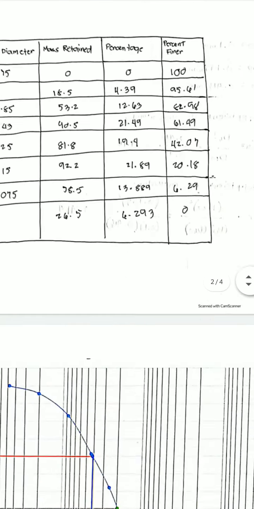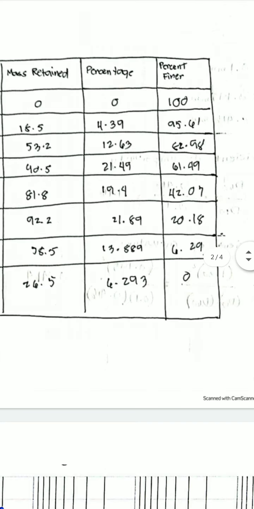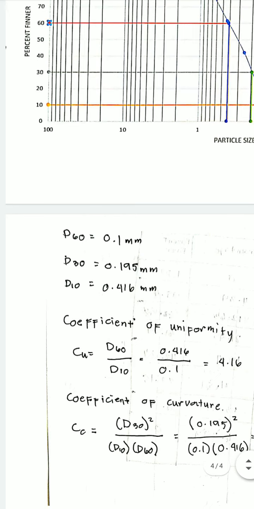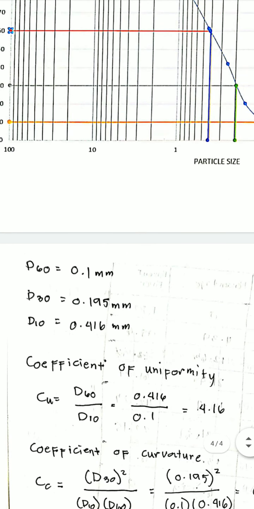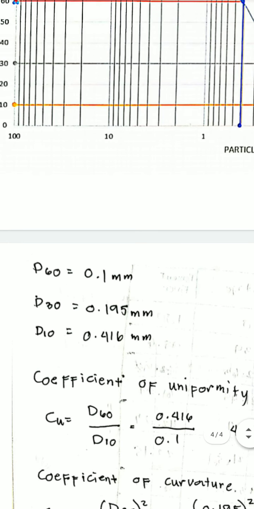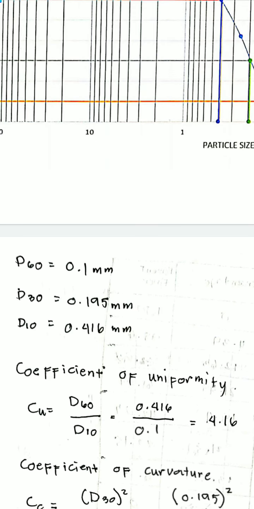So using that trend formula in Excel, I get the value of D60. Sorry, it is supposedly D60 is equal to 0.416, and D10 is equal to 0.1, and D30 is equal to 0.195.